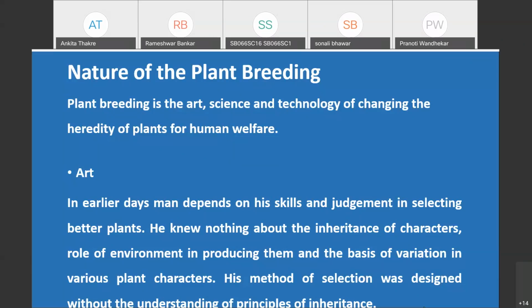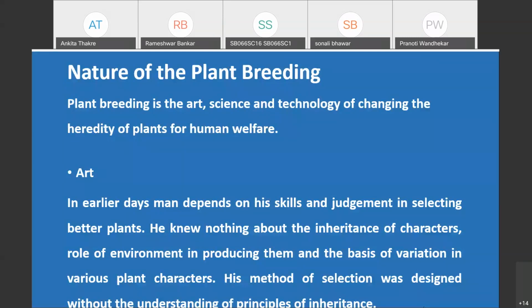But in the earlier days the knowledge of science was not very developed. He knew nothing about the inheritance of characters. Early human beings were not aware of how characters are transferred from one generation to another generation, the role of environment in producing them, and the basis of variation in various plant characters.